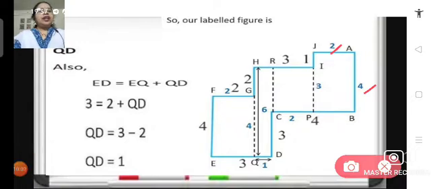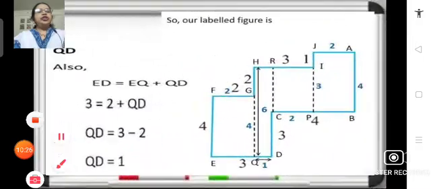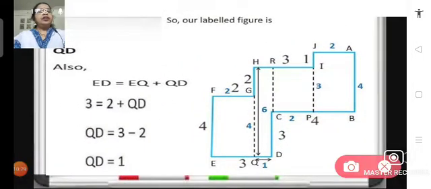In the next rectangle, in this we have the breadth as 2 and length as 4, isn't it? So, next rectangle we have length 3, breadth 2. In the next rectangle RDQH, in this one we have HQ, that means length 6 and breadth 1. And in this one we have length 4, breadth 2.